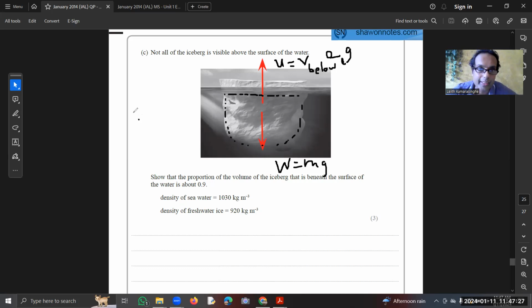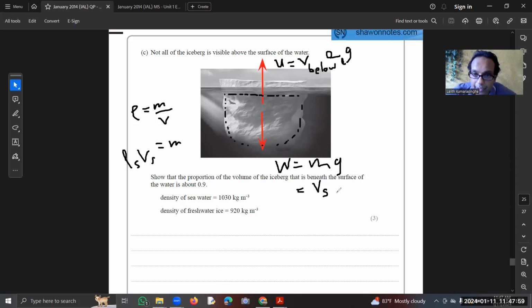The density is equal to mass over volume. So for this sum, because I want to get the ratio, in the place of mass I can write rho of the solid times volume of the solid.